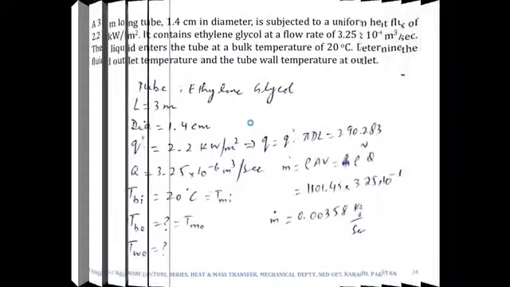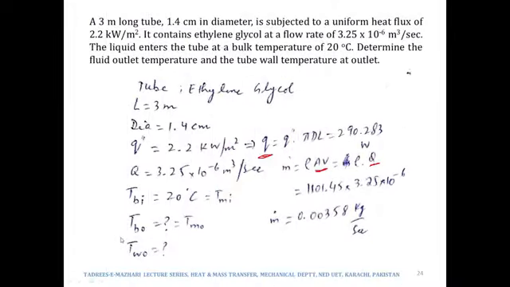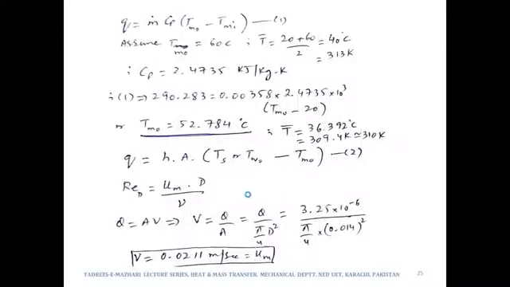The second thing that we need to find out over here is the surface temperature at the exit. So surface temperature will be found out using h A delta T. We will use this expression of Newton's law of cooling, where we will write Q as h times A times Ts minus T infinity. In fact, it would not be T infinity and it would not be Ts either.